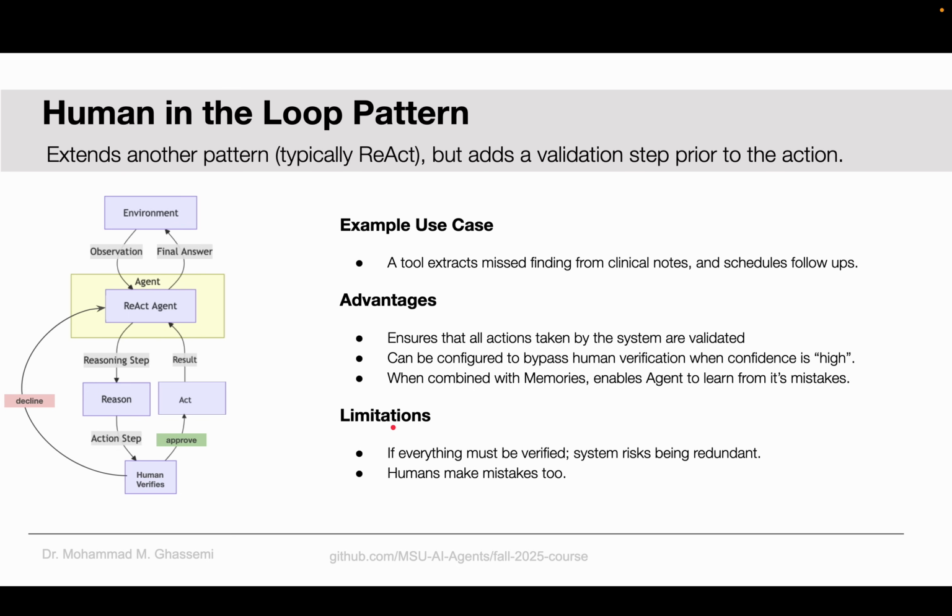The limitations of this, of course, are that every time we add a new block to a diagram like this, we're adding additional steps that require debugging. In the case of the unique challenges that exist with human verification, if you don't have enough that flows through this system automatically, without the human needing to look at it, you risk the system being seen as redundant.